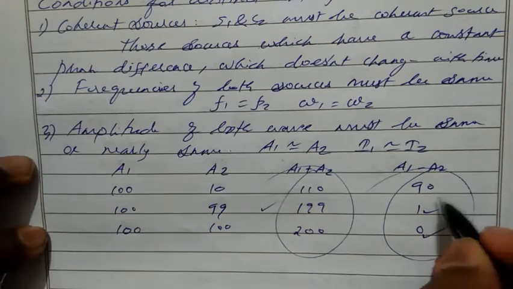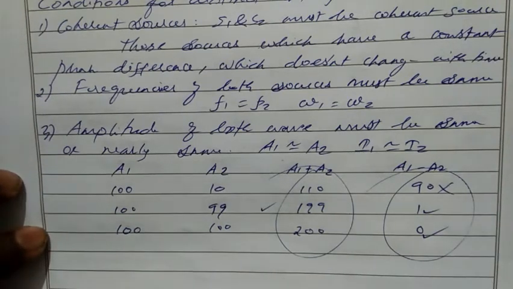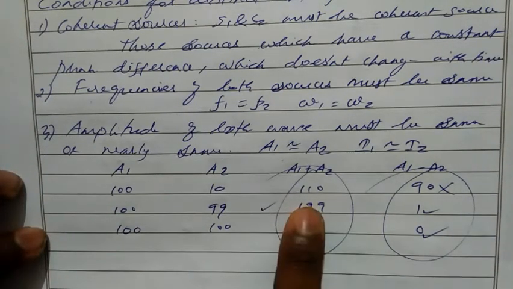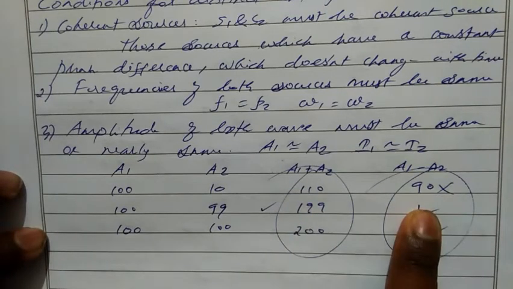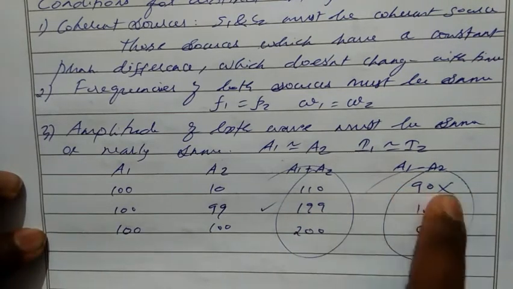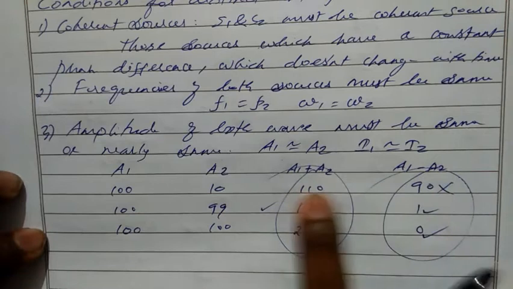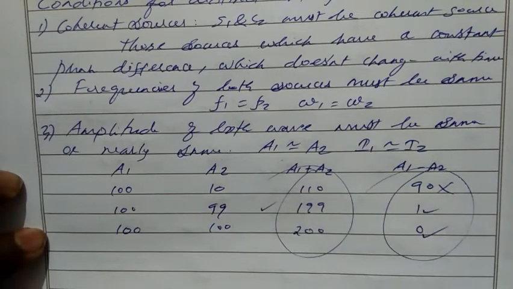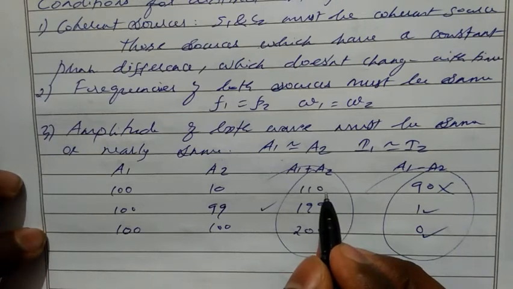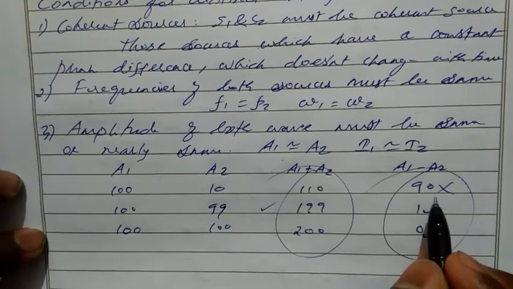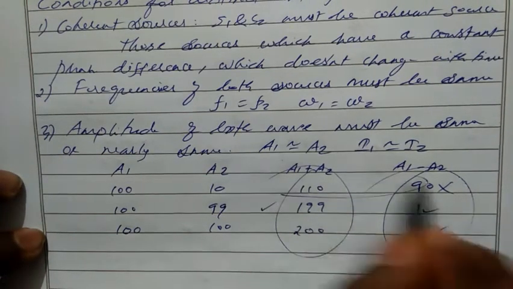Is it possible? This is not possible. One should be a bright spot and the other should be a dark spot, but instead of dark, here also it is bright. 110 and 90, there is not much difference, only a difference of 20. So this also seems like a bright spot, and this also seems like a bright spot. So this is not possible.